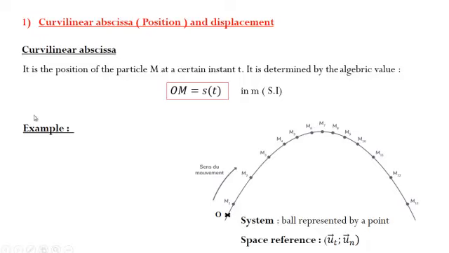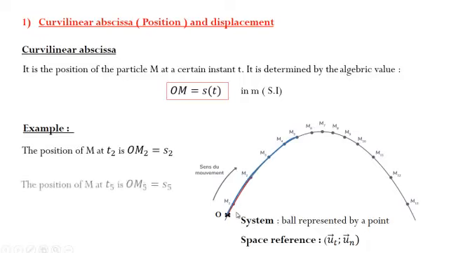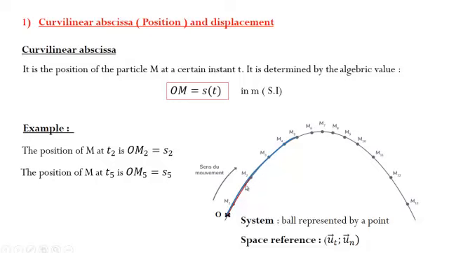For example, if we want to find the position at T2, then it's OM2. At the time T5, it's OM5. These are values in length, in meters. This is what we call the arc, OM2, OM5, and it's called the curvilinear abscissa.